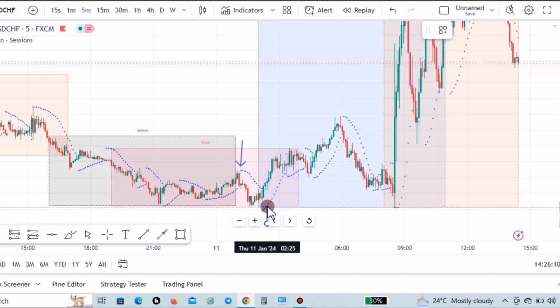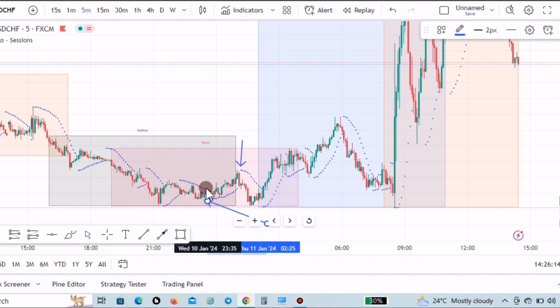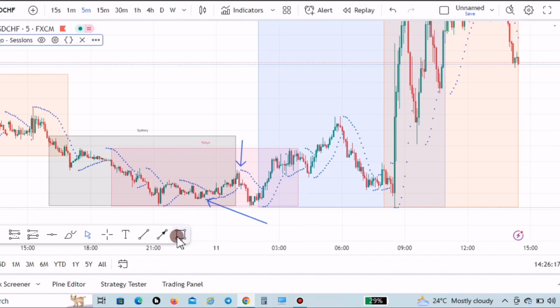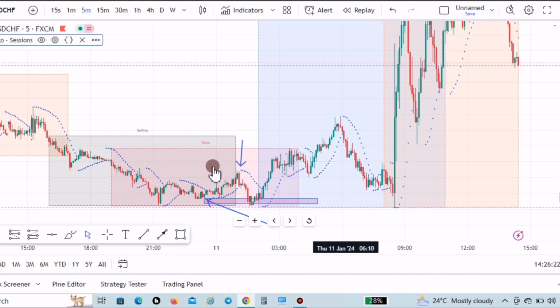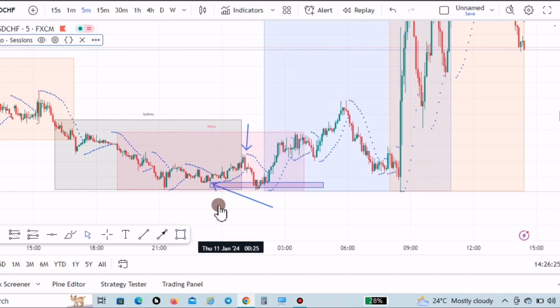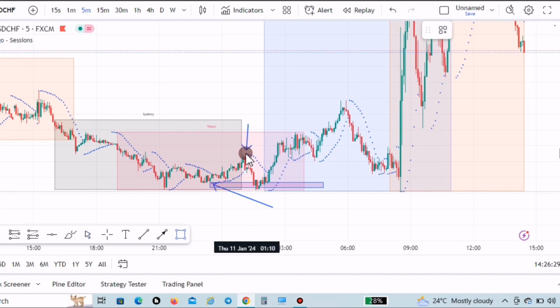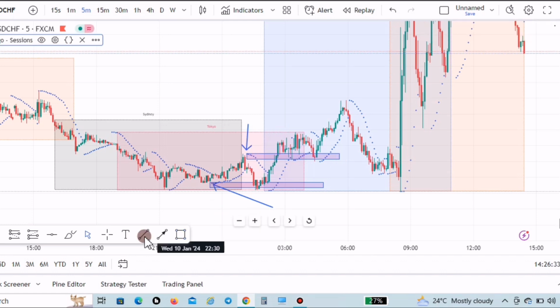This one right here appeared late, so you could be looking at that one. So you highlight it like that. If price closes below it, you sell. If it closes above that one, you buy.